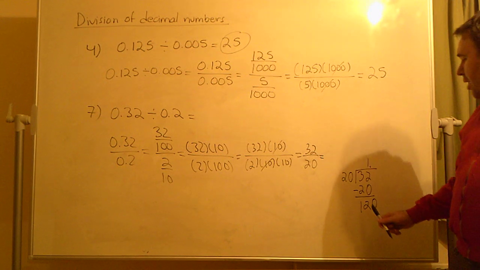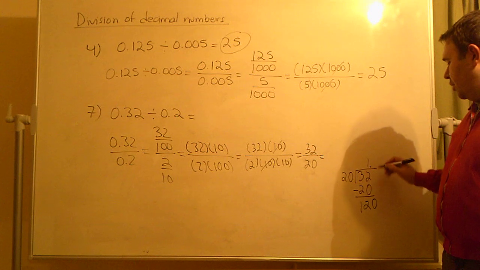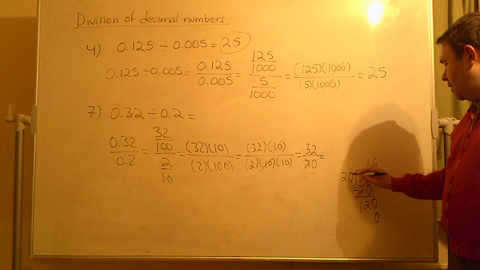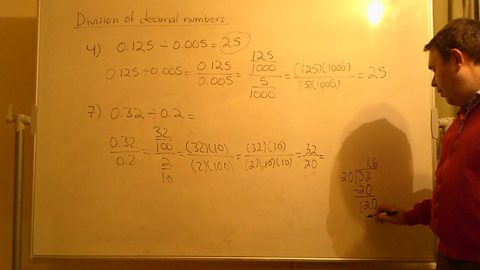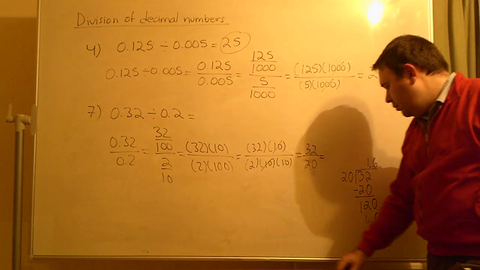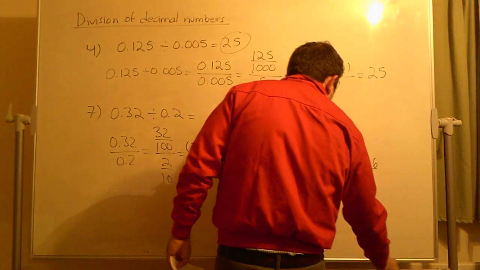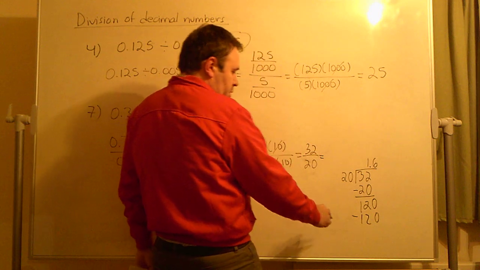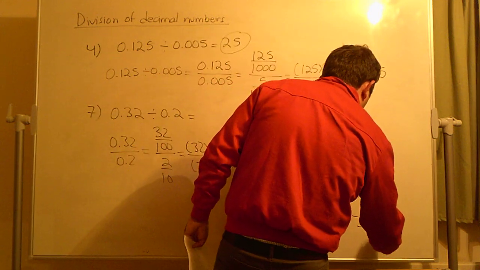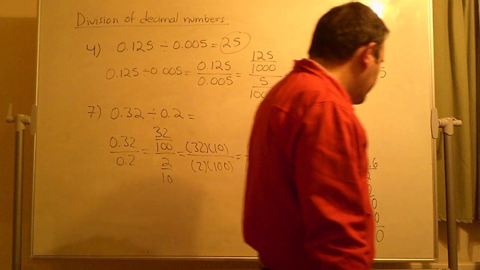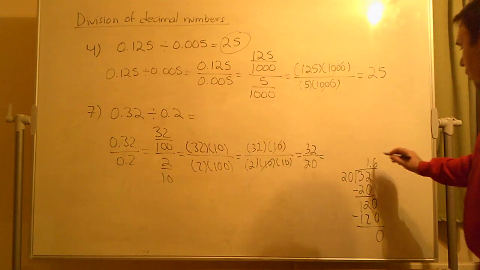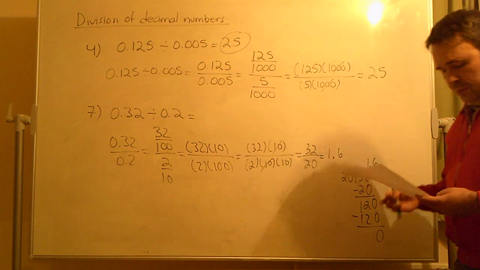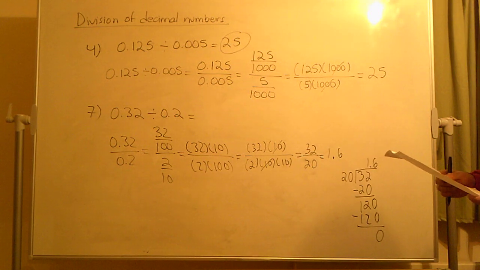So now, how many times does 20 go into 120? 6. So 6 times 0, 0, and 6 times 2 is 12. So we'll have 12 here with a minus. So here the remainder is 0. So our final result will be 1.6. Okay.